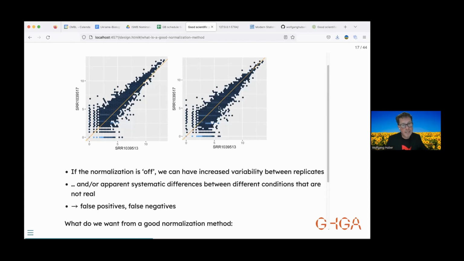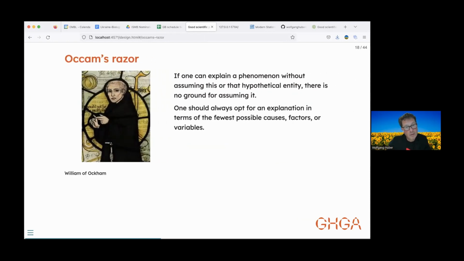But the easier explanation is that I just sequenced that second library a little bit deeper, and in fact there's not much going on between these two different samples. The second explanation is more consistent with Occam's razor. That's why it's a useful concept. So if an effect can be normalized away using a reasonable idea of the measurement process, then it's not interesting. We should mostly focus on things that cannot be normalized away.